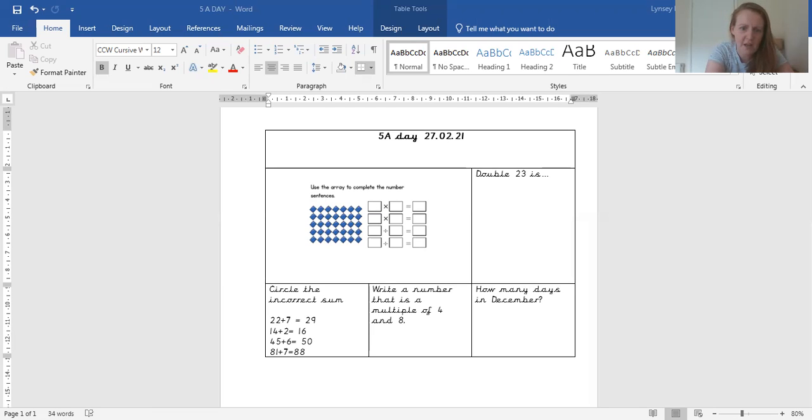So I've got 5 lots of 7 or 7 lots of 5. Let me just double check that. Now I can use my 5 times table here. I know that 5 lots of 7 is 35, and the answer is exactly the same for this one. We've just changed those numbers around. It doesn't affect the answer. 35.